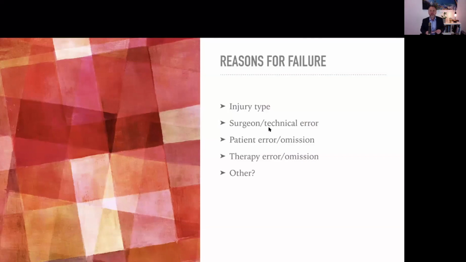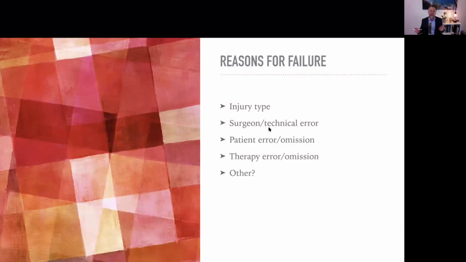So why do tendon repairs fail? This is probably more important than many things. Well, some of it can be the injury, a really severe frayed injury, poor quality tendon, a great deal of destruction in the local soft tissue. The others can be surgeon error or technical error. That's poor suturing, wrong suture technique, that sort of thing. There's patient errors, of course.